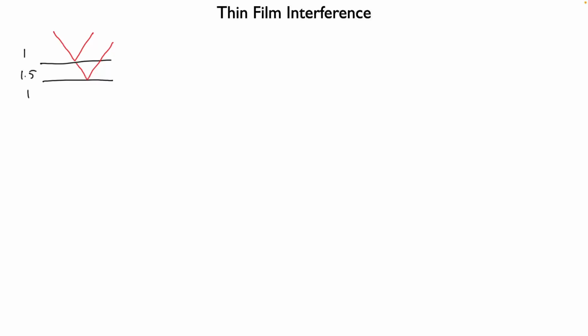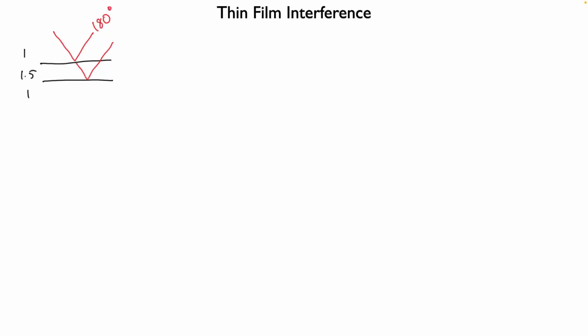And the rule is that if you go from low to high, you're going to invert your phase. So that means that this reflected ray is 180 degrees different in its phase from the incident ray. The transmitted ray doesn't change its phase. It's only the reflected one that changes its phase.